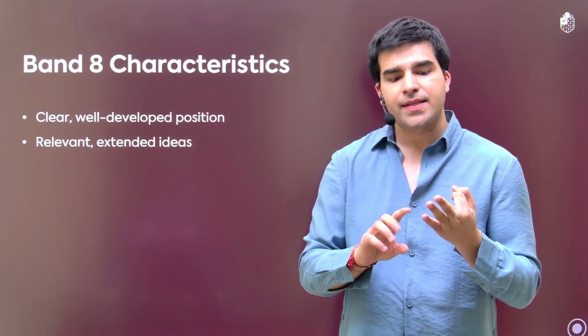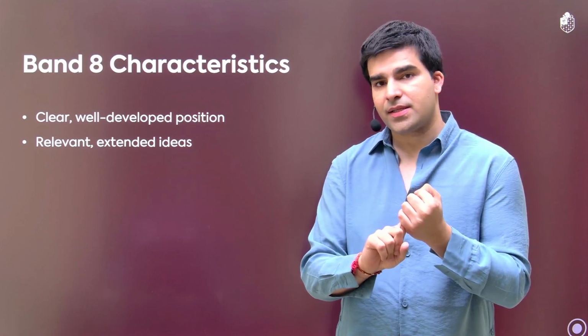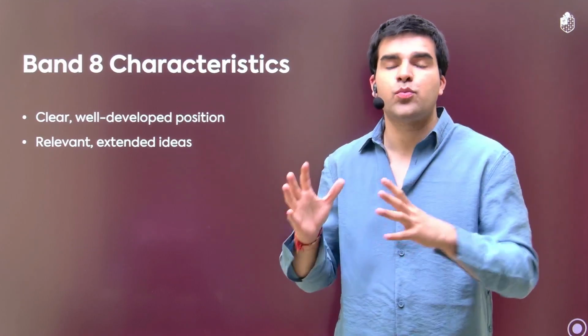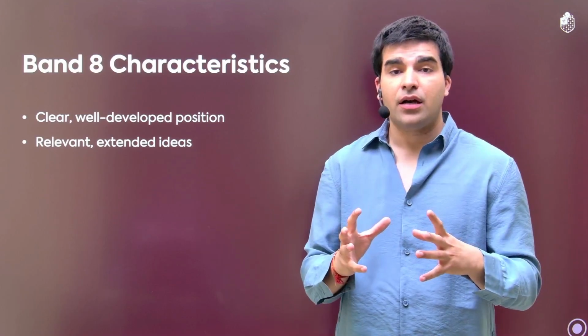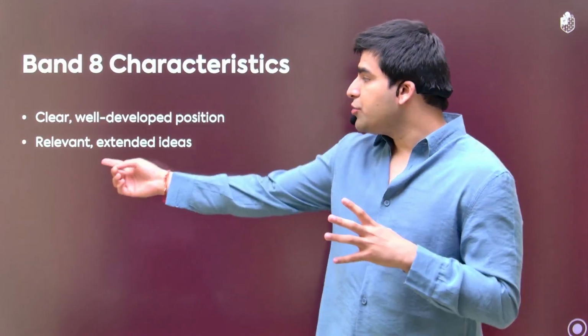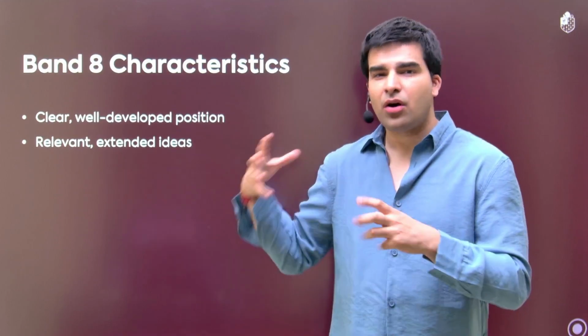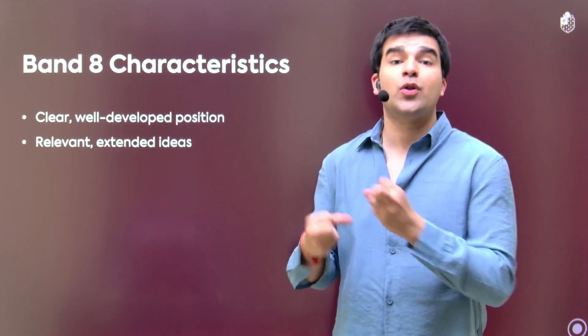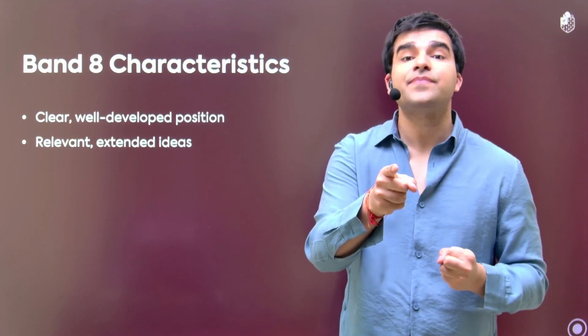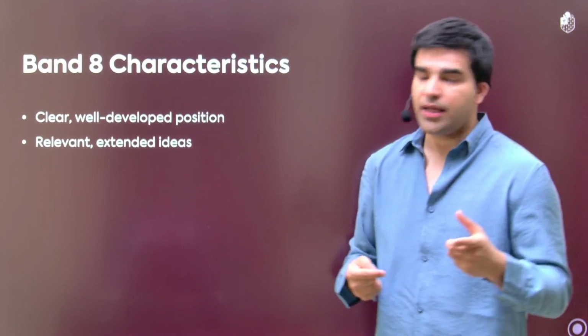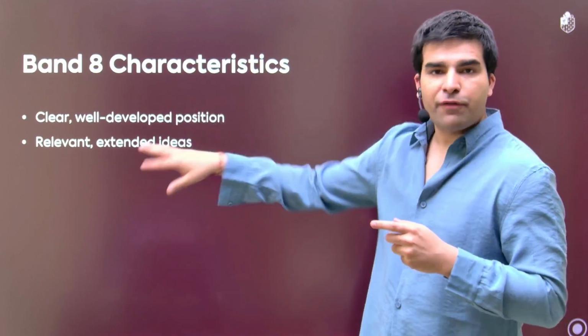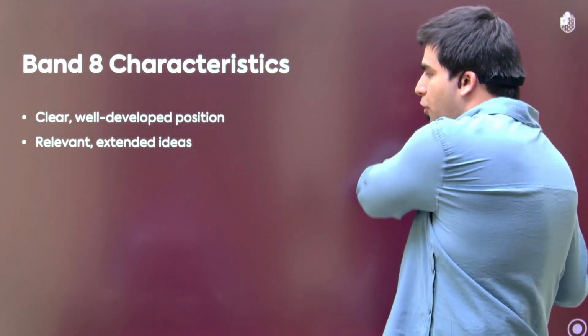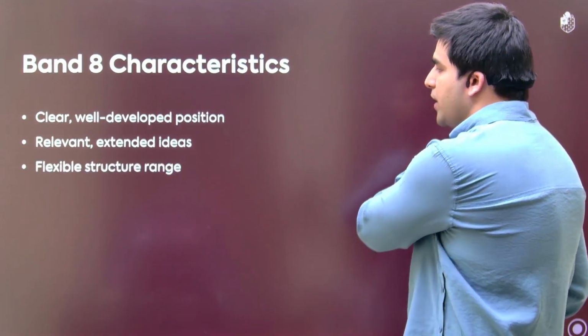So the idea is you've made one topic sentence, you've made clear what your paragraph is going to be about. All you're doing now is extending your ideas with a lot of examples and with a lot of evidence and data. So it's an extension of the first point that I'd mentioned before. Let's move to the next one.